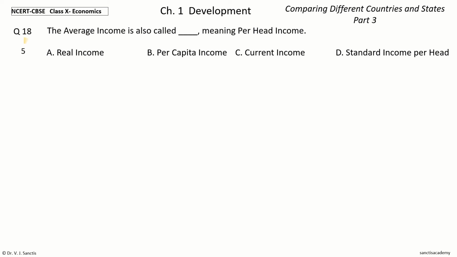Your time to choose. And the answer is per capita income. So, the average income is also called per capita income, meaning per head income.